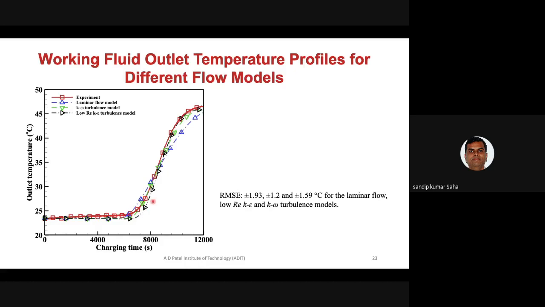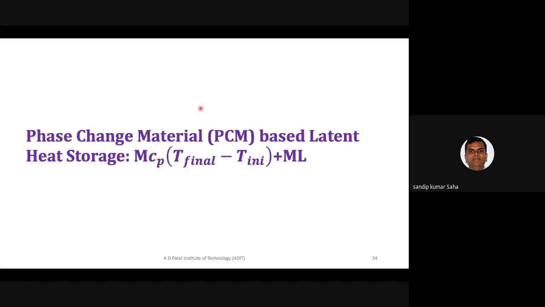Even I can compare the inside temperature profile. Here I am just showing you one case, where I see that if I use the K-epsilon model, it is giving me a more accurate result compared to other types of model. So here I am saying it is the low-Re K-epsilon model basically. So this is the first modeling approach I have adopted.